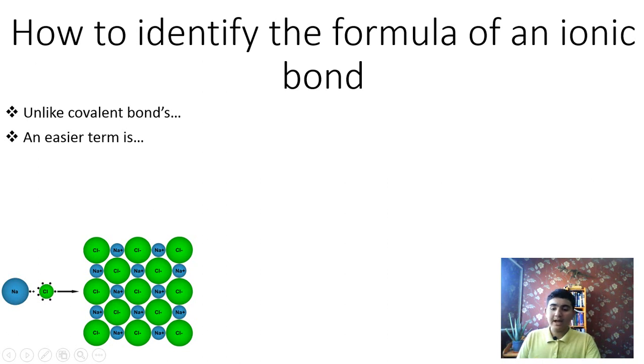The sodium chloride over here is cloned into this giant part. Sodium is big here, but it is small here. So why do you think it is like that? And I'm sure I didn't make a mistake.